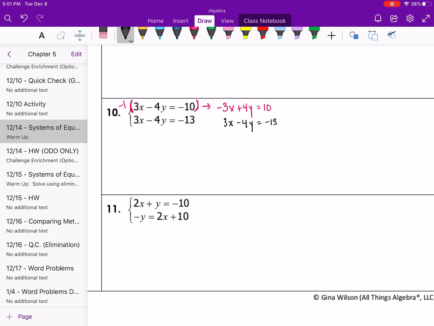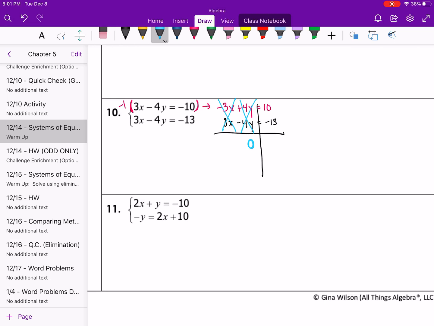So in a no solution system, you'll end up seeing that my x's cancel out. Negative 3 plus 3 is 0. That's gone. And also, my y's cancel out. So really what I end up with on the left is 0.